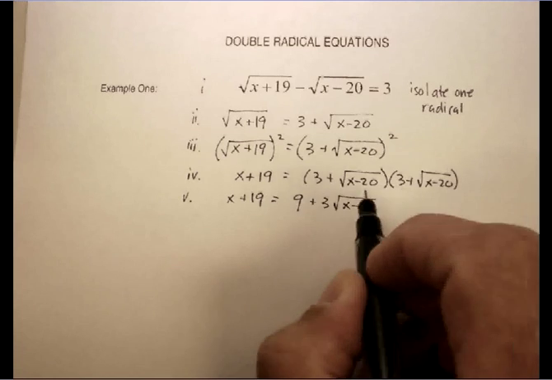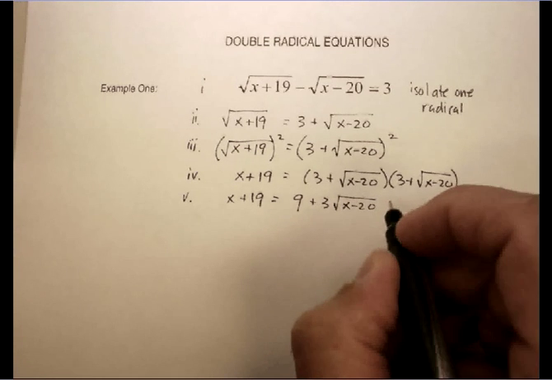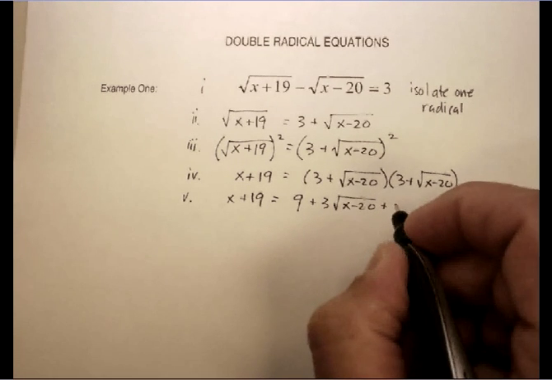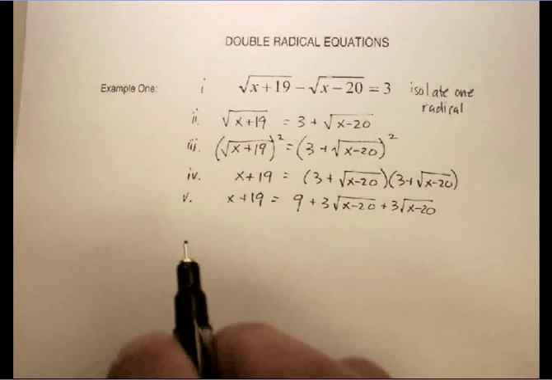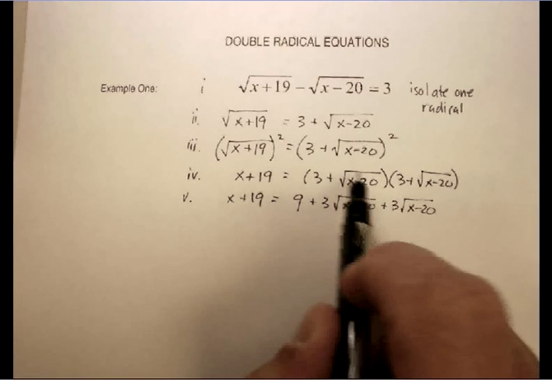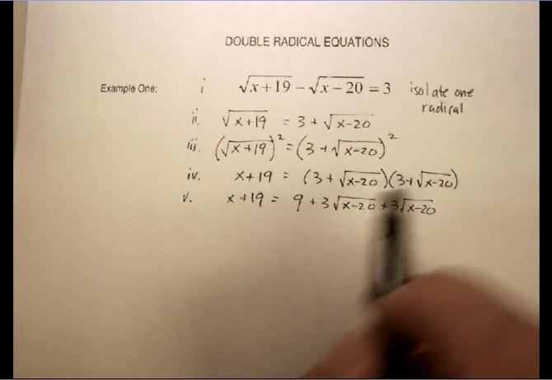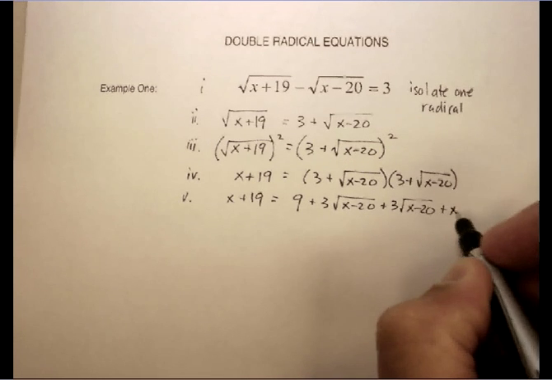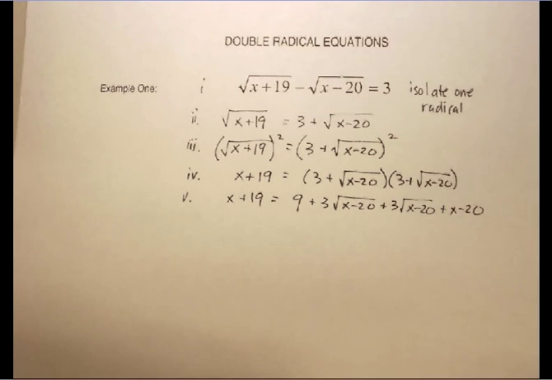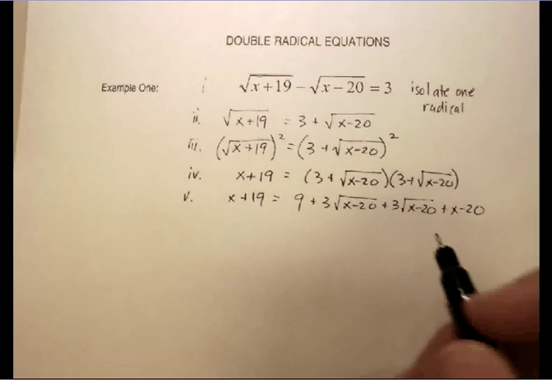When you do the inside parts, it's 3 times, again, radical x minus 20. And finally, when you multiply radical x minus 20 times radical x minus 20, it's like squaring it again, and you get plus x minus 20. You just basically make it disappear. That looks kind of complicated, but again, it's not too bad if you just take it apart slowly.